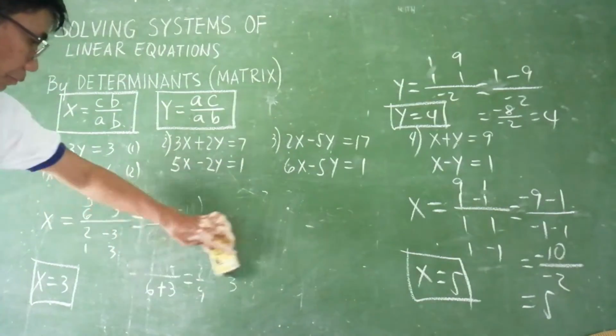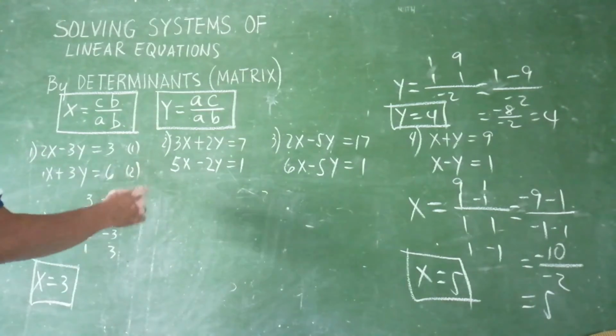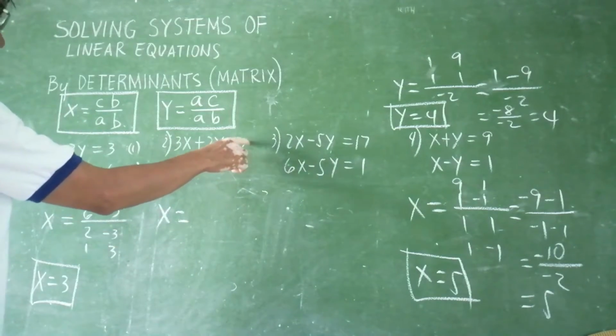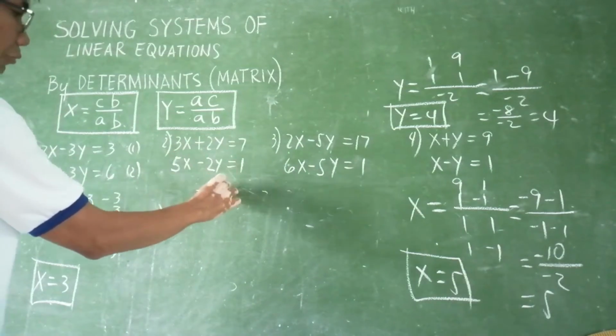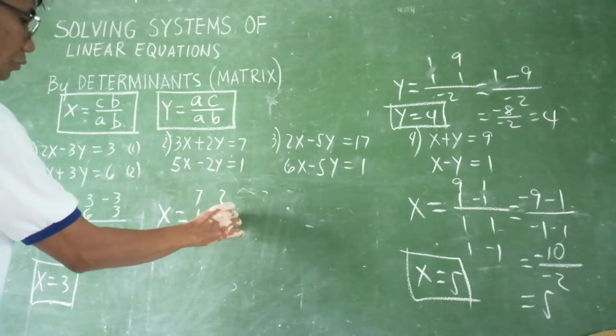Shall we do number 2 here? Number 2. So for x, CB, 7, 2, 1, negative 2.